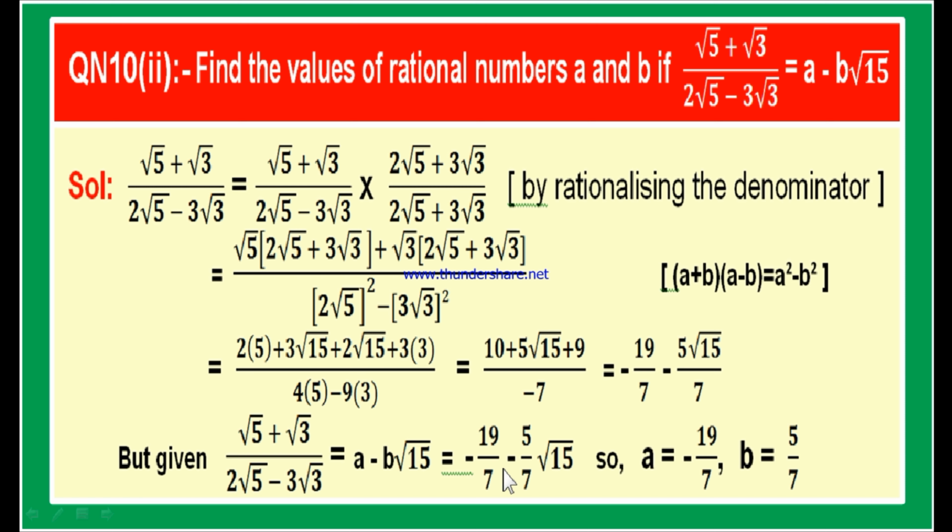If we equate these two, you can observe that a is equal to −19/7, and b is equal to −5/7, isn't it? Since −b√15 is equal to −(5/7)√15, therefore b is equal to 5/7. Therefore a is equal to −19/7 and b is equal to 5/7.